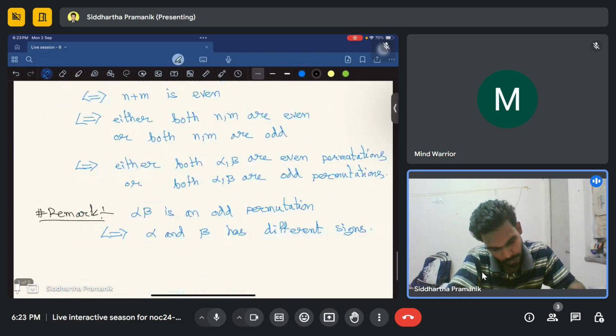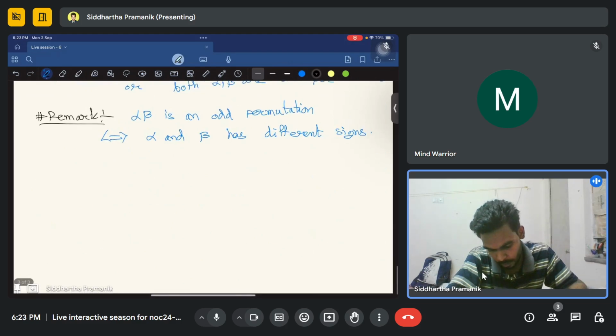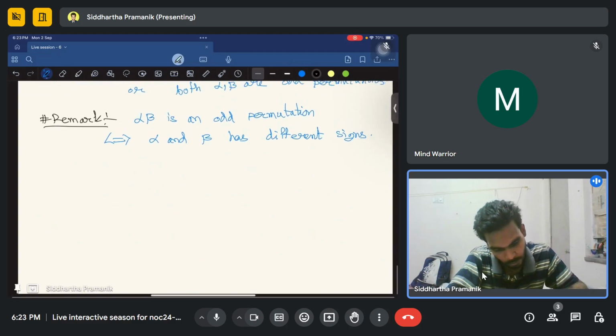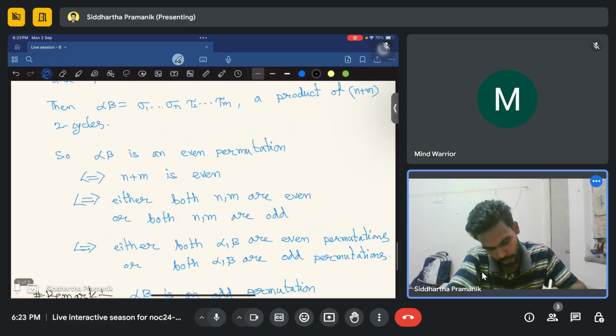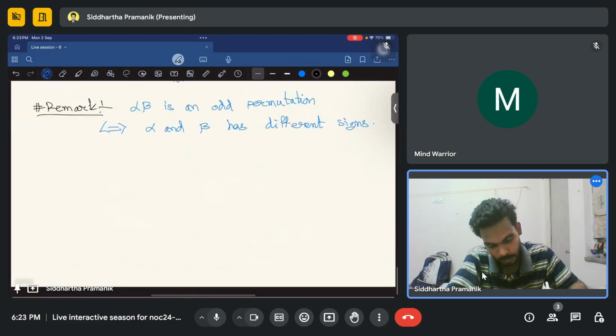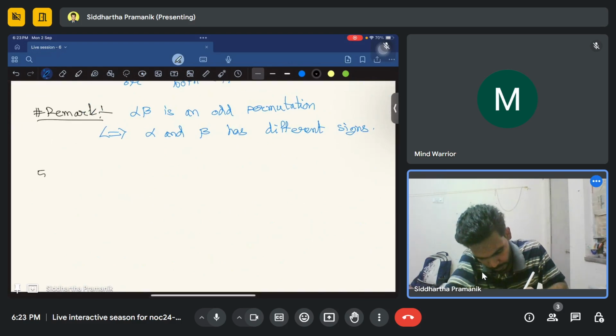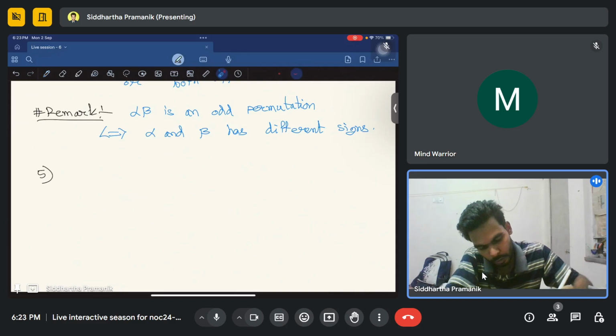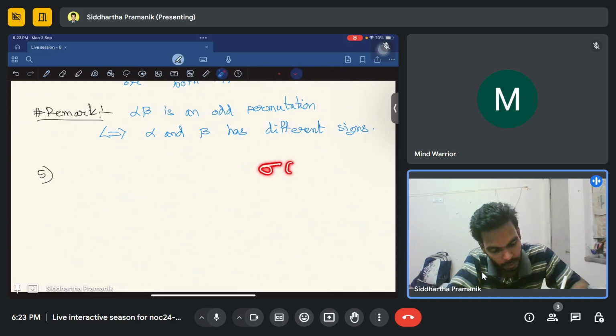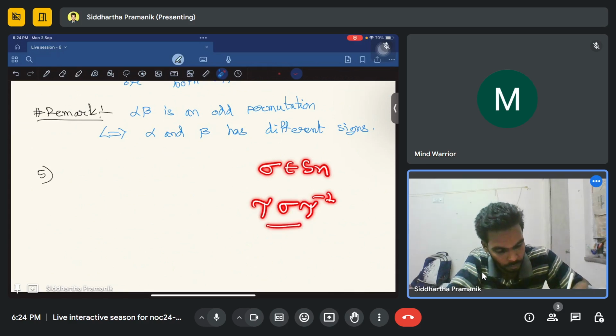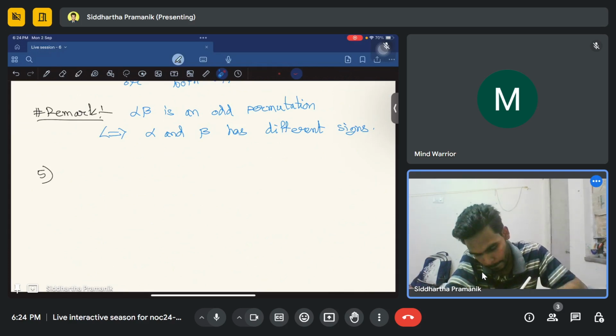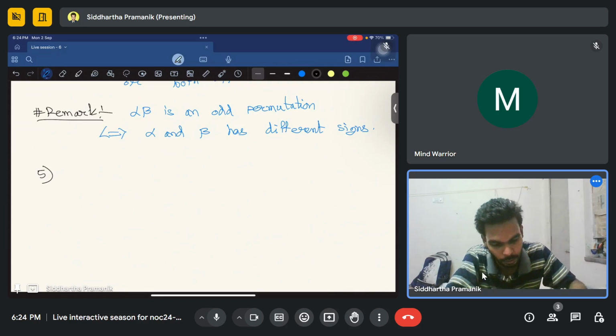So we have seen that the inverse of an odd permutation is odd. Also we have seen about the product. So one thing is left. It is about conjugation. The question is, if sigma belongs to Sn and tau sigma tau inverse is a conjugate element of sigma, how are the signs of these permutations related? So let me write the question precisely.